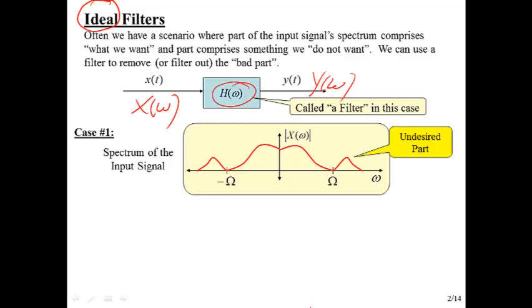So suppose we know that we have an input spectrum that looks like this, and there's some frequency omega above which, and below minus omega, is a bad part of the signal. We'd like to get rid of that somehow. We'd like to end up with just this part and have it be close to zero, or ideally identically zero, out there. So what would we like our system to be able to do in that case?